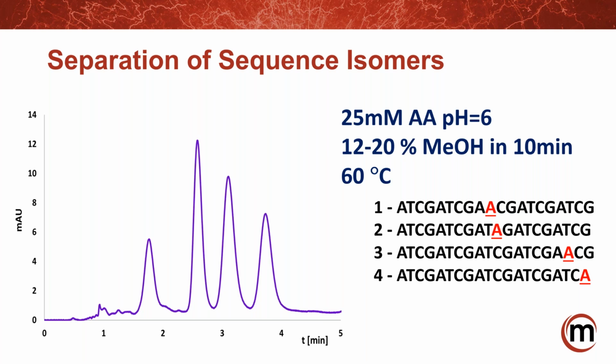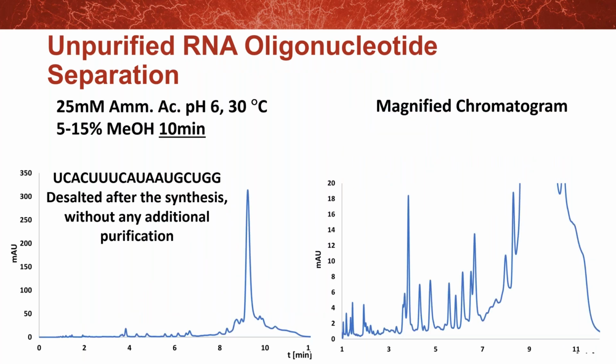60 degrees C, you're getting really long lifetimes, and you're getting the retention that you're looking for. So this is an unpurified RNA oligonucleotide separation. This is changing those thymines to uracil, and it was desalted after the synthesis without any additional purification. When you magnify it in, the amount of retention, peak shape and separation that you get on the Evosphere Max C18AR column was really exciting.